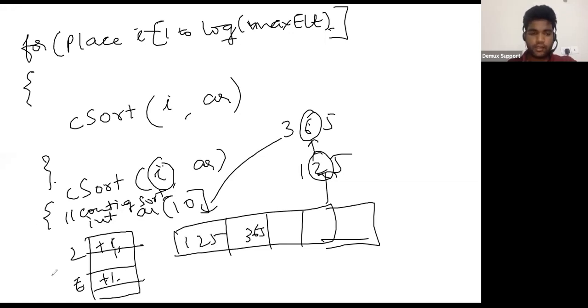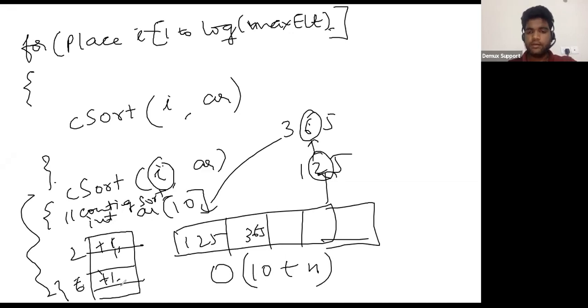So what is the total running time of this? This is order 10 plus n. And how many times is this being called? This is what we said to be k. So this is called k times, so it will be k into 10 plus n.